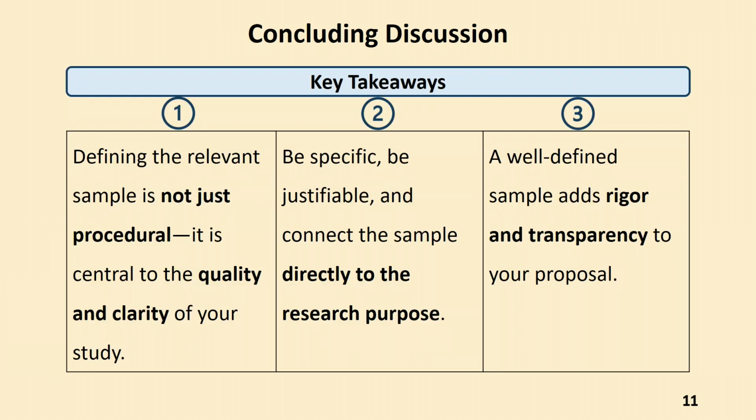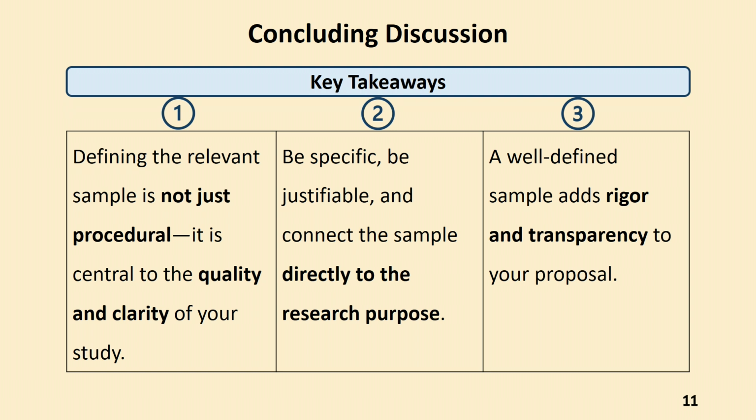Concluding discussion for this lecture: defining the relevant sample is not just procedural, it is central to the quality and clarity of your study. Very, very important. Whenever you are selecting a relevant sample, you are not making it just procedural.